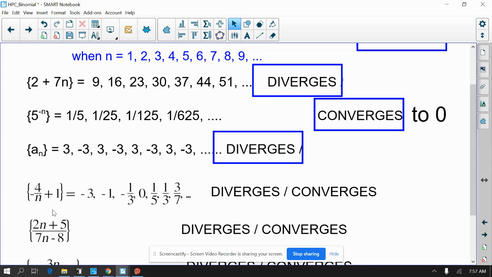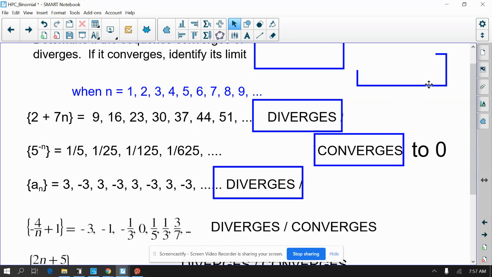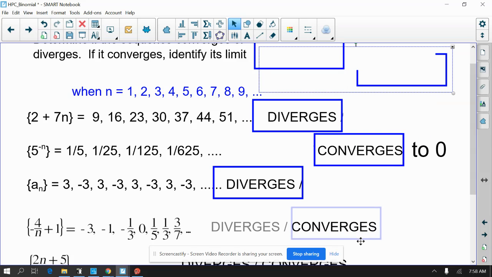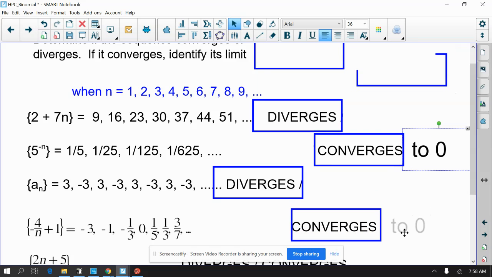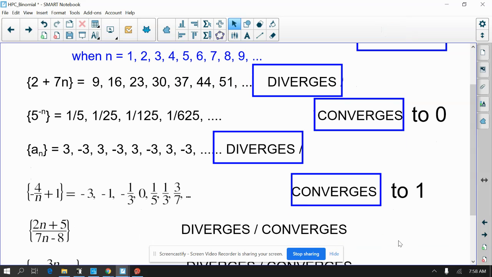Well, when n gets really big, -4 divided by a really big number, doesn't that become 0? -4 divided by a really, really big number approaches 0. So when n gets large, this sequence approaches 0 plus 1. So this converges to 1. These numbers get closer and closer to 1.